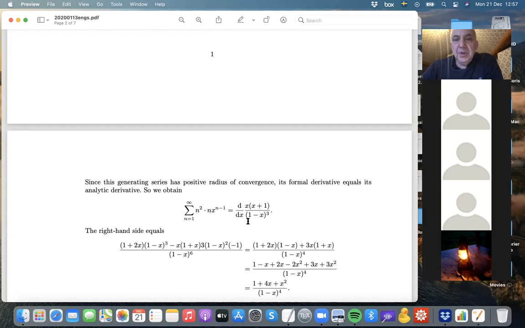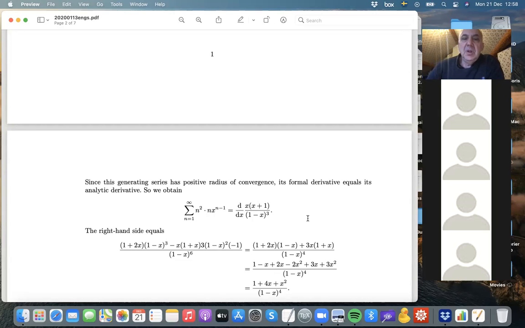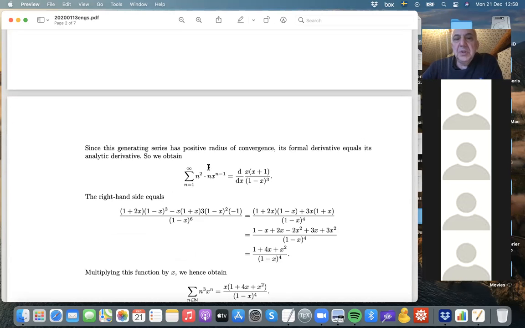And if we use the usual formulas for the derivative of a rational function, we should take the derivative of the numerator times the denominator minus the other way around and divide it by the square of the denominator. And this, after some simplifications, gives us (1 plus 4x plus x squared) divided by (1 minus x) to the 4th. And this is almost what we need, almost.